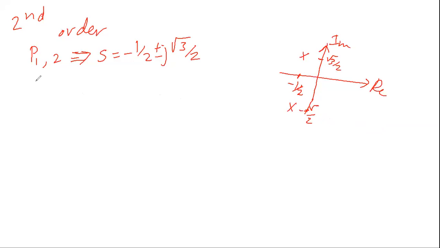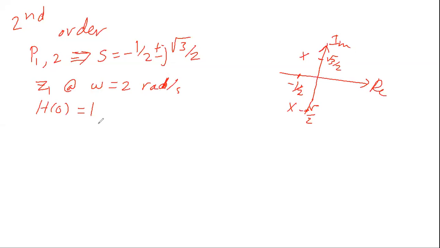Next, we have a zero at omega equals 2 radian per second. And H of 0 means that at omega equals 0, you have H of 0 equals 1. We need to find H of s.